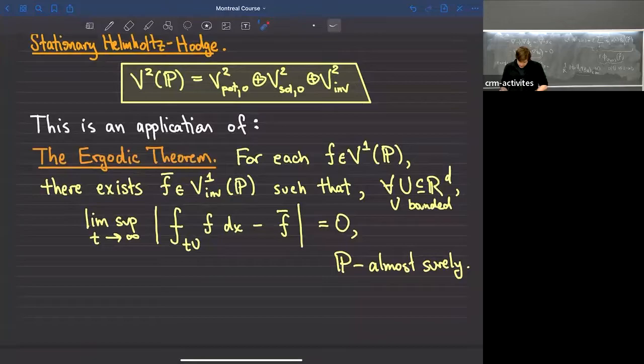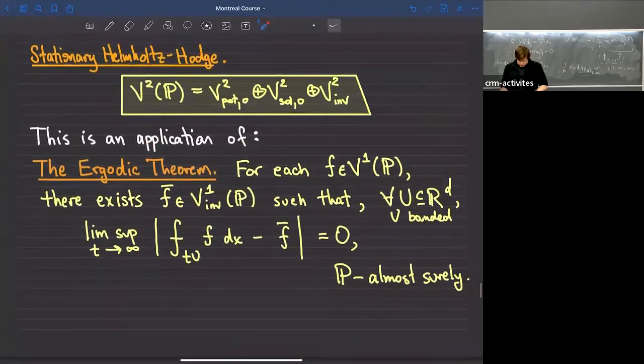So the way it works is, what does the ergodic theorem say at this level where you're not assuming ergodicity? It says that, so now I'm using V1 instead of V2, but I just mean like I define V2, you define V1 just in L1 type norm instead of an L2 type norm. So for every F in V1, you can find an F bar in V1 of guys which are constant in space, such that for every bounded domain, you have the following.